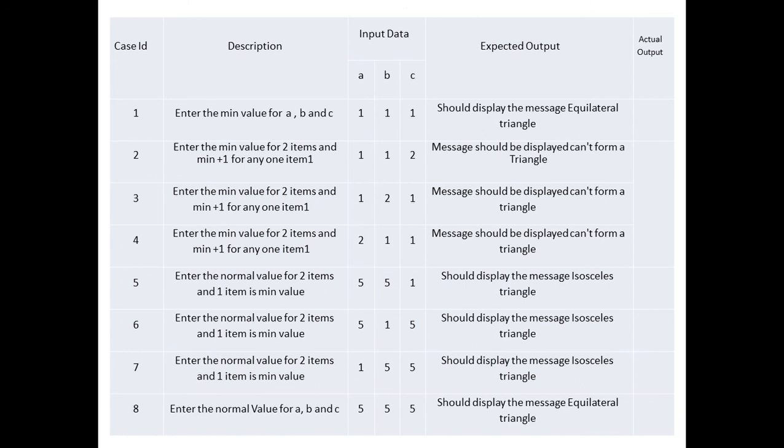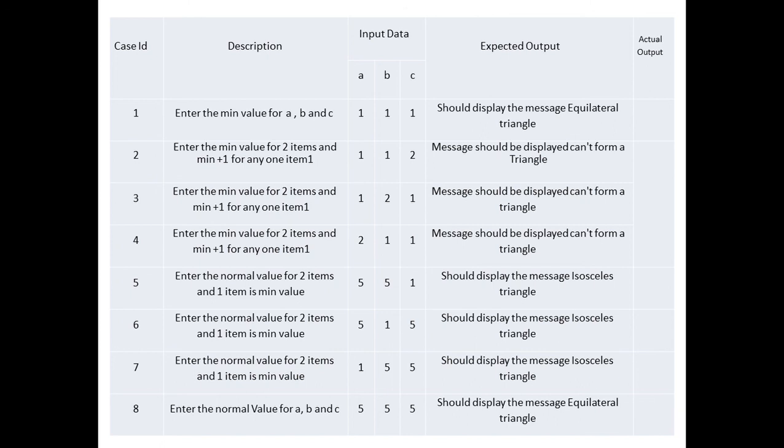Now come to the maximum value. So enter maximum value for two variables and one minimum value. Next other two variables and another minimum value. So similarly you have to do with all minimum, minimum plus, minimum, nominal, minimum, max minus, minimum, maximum.